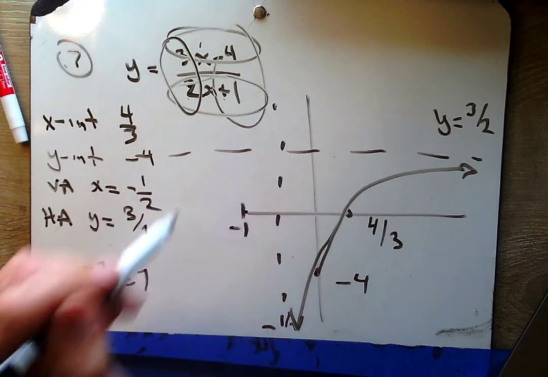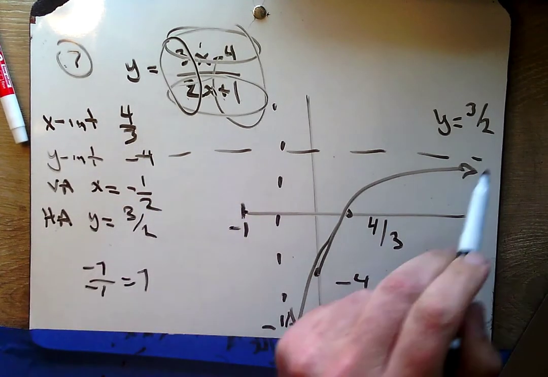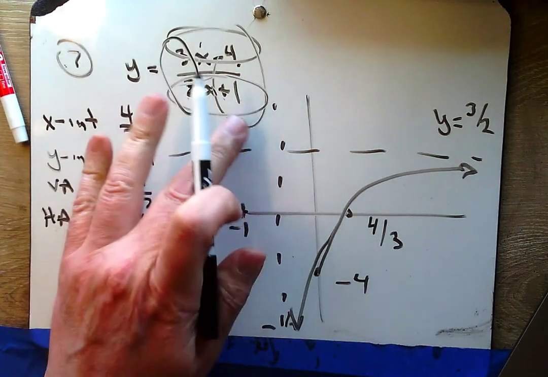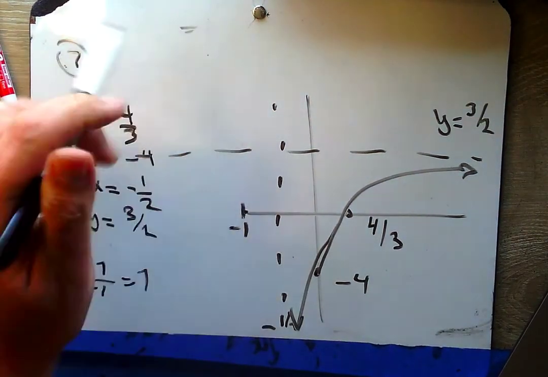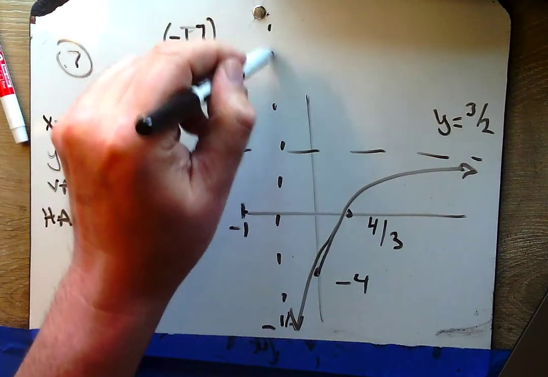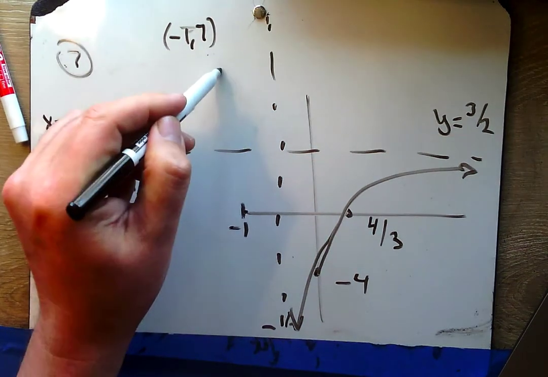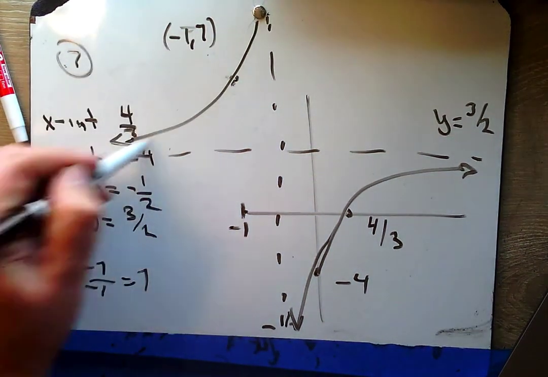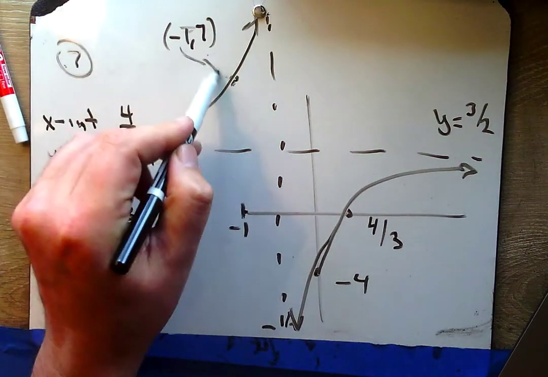At this point, my y value is 7. This line is 1.5. 7 must be above. So, negative 1, positive 7. And we want to bend to the asymptotes. And that one goes there.